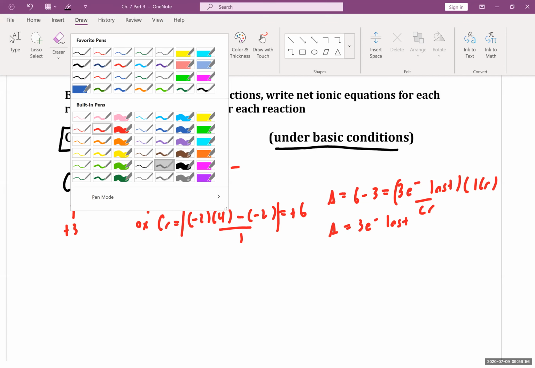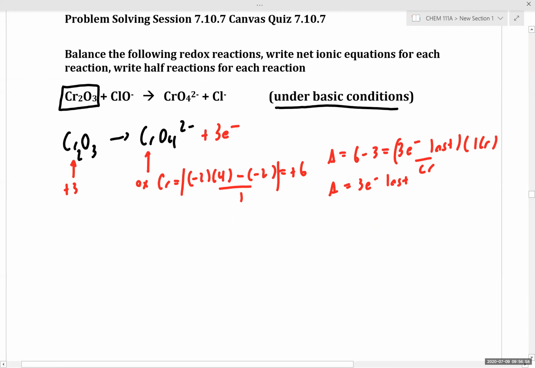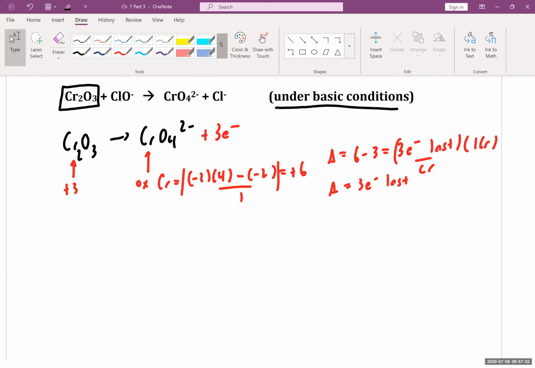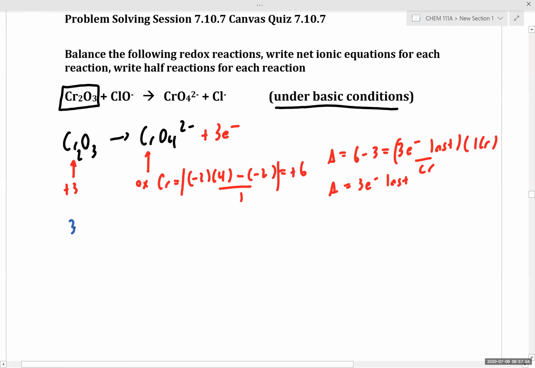Now we have to look at our chemical equation in a little bit more detail. We have 3 oxygens on the left, we have 4 oxygens on the right. So to balance oxygen, what do we add? What do we add to get that 1 additional oxygen on the left?